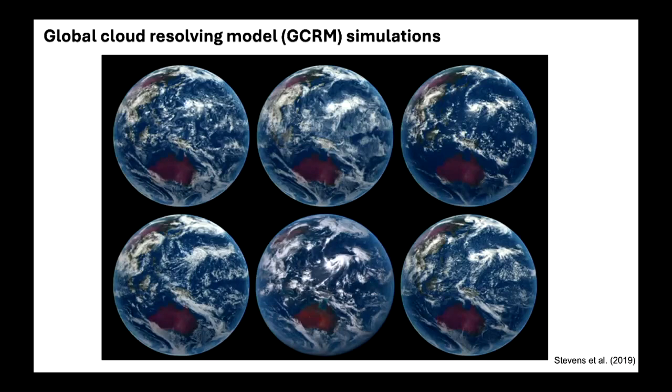The first global cloud resolving model was invented exactly 20 years ago. But over the past several years, more and more groups around the globe have started to adopt this approach. And now the global cloud resolving model framework is becoming more active in use.